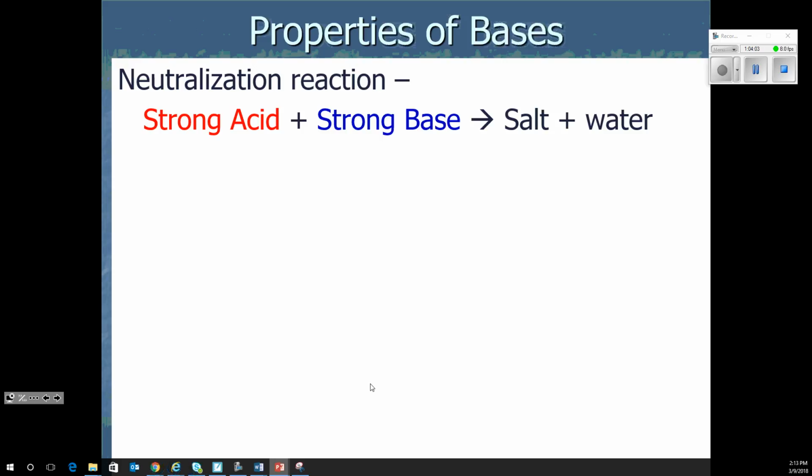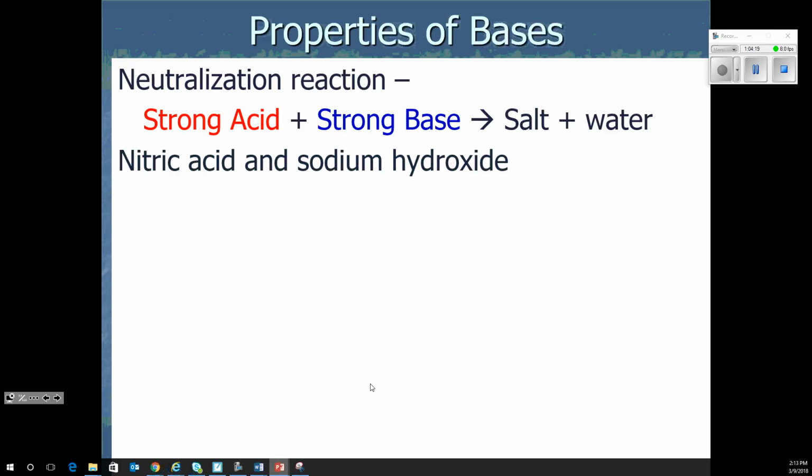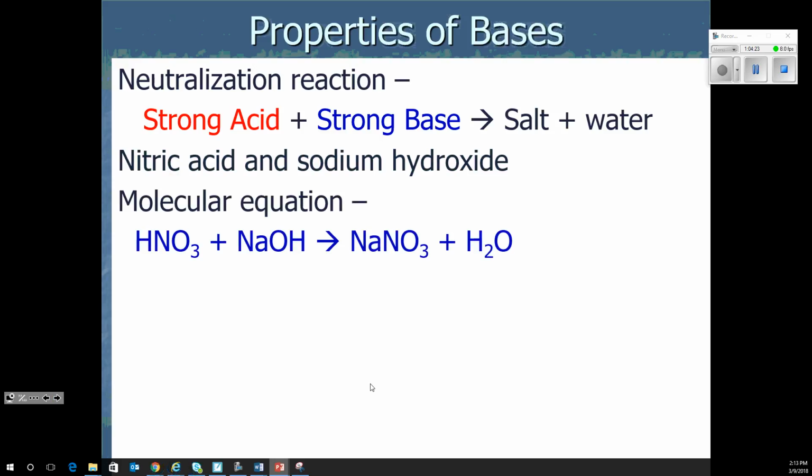Okay, so here we have a strong acid, strong base, give me salt and water. Whose theory? Lewis. Nope. Not Bronsted. The other one. Arrhenius. It's Arrhenius. Okay. So, for instance, when we take nitric acid and sodium hydroxide, our molecular equation would be this.